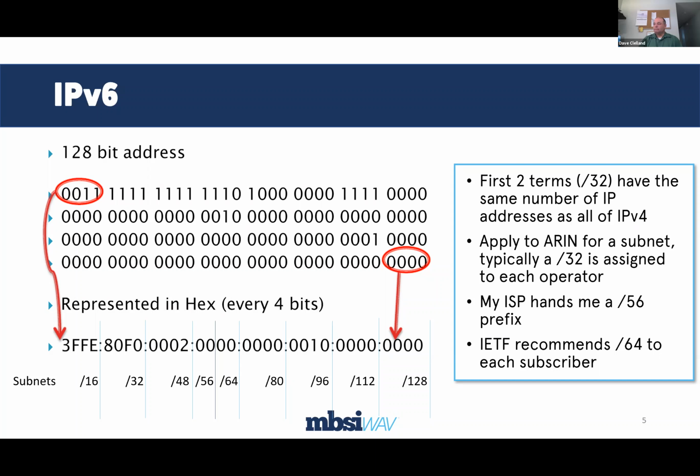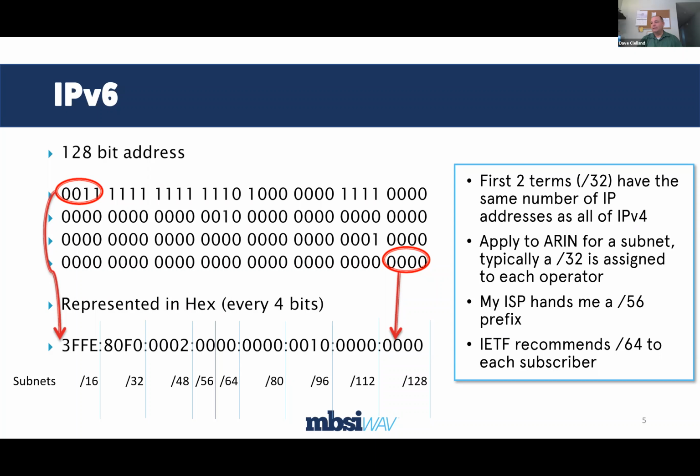The first two terms of IP version 6 have the same number of IP addresses as all of IP version 4. I could have put the number of addresses down here. It's a huge number of addresses. Doesn't mean anything to most people.